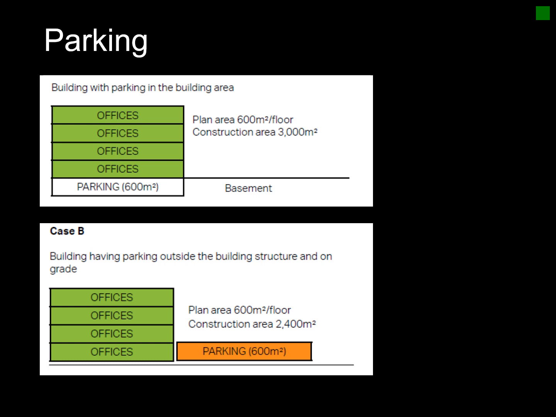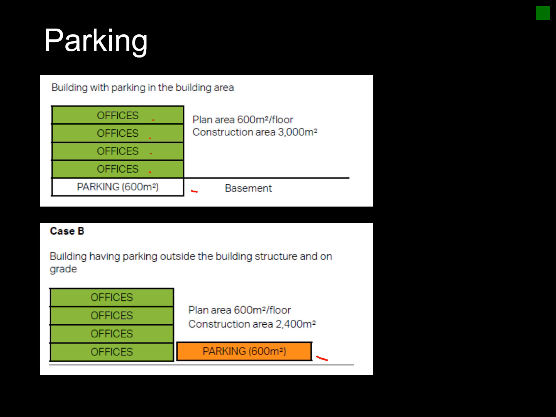Okay, then we get to our next section, parking, and the considerations of that. So this is something that you need to look at as well. We've got two scenarios. We've got one building with a basement, and another building with external parking. The floor area is exactly the same for your offices.